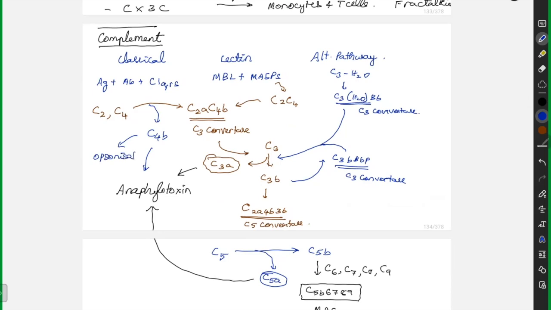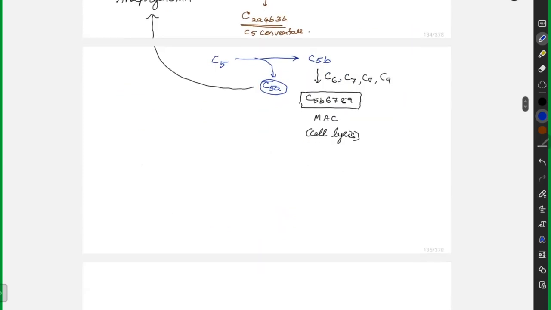Hope you remember in the first chapter where we discussed opsonization. And similarly, cell lysis: the MAC complex is going to lead to cell lysis, the death of the cell.